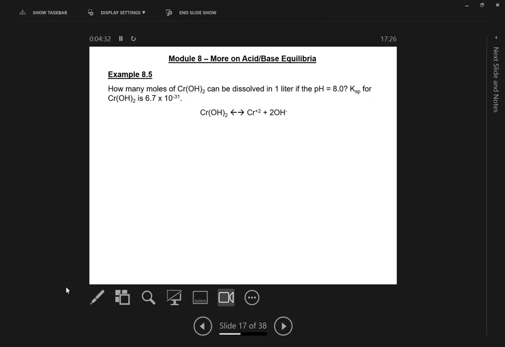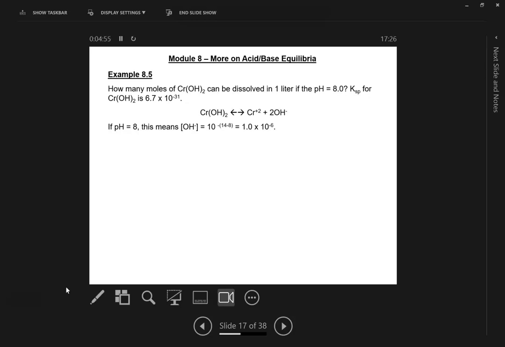Because the pH is 8, that means that OH- concentration is 1 times 10 to the minus 6. Remember, pOH would be 14 minus pH, and so that would be 6. So OH- would be 10 to the minus 6th.